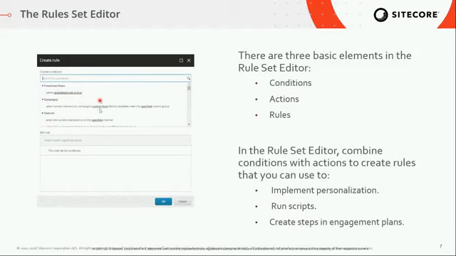But with this editor, we can tell it, as a result of the condition, the action that we want to happen based on that condition. We can turn around and choose different types of actions. So change the way it looks, personalization, run some scripts, or create another step in an engagement plan.